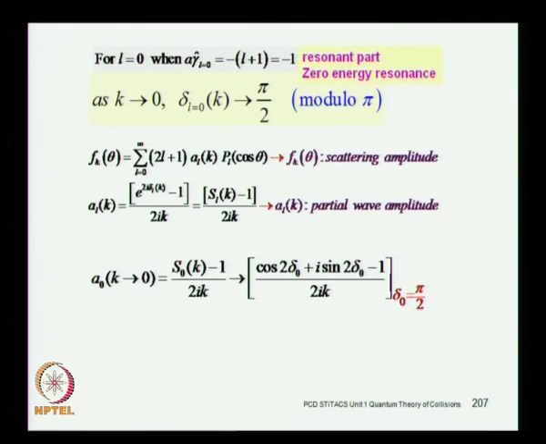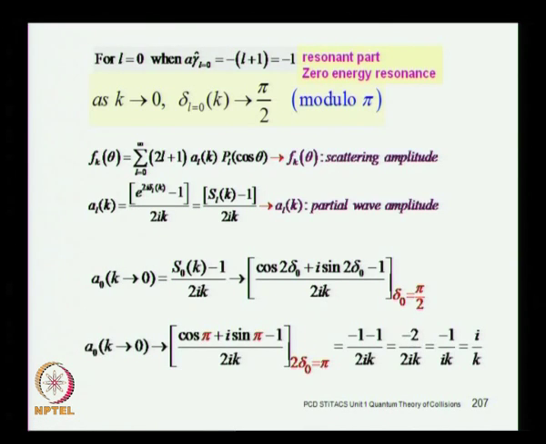As delta 0 approaches pi by 2, the partial wave amplitude, which is the S matrix element S minus 1 over 2ik, gives cos 2 delta, and at delta equal to pi by 2, 2 delta is pi, and you see quickly that the partial wave amplitude itself goes to i over k.